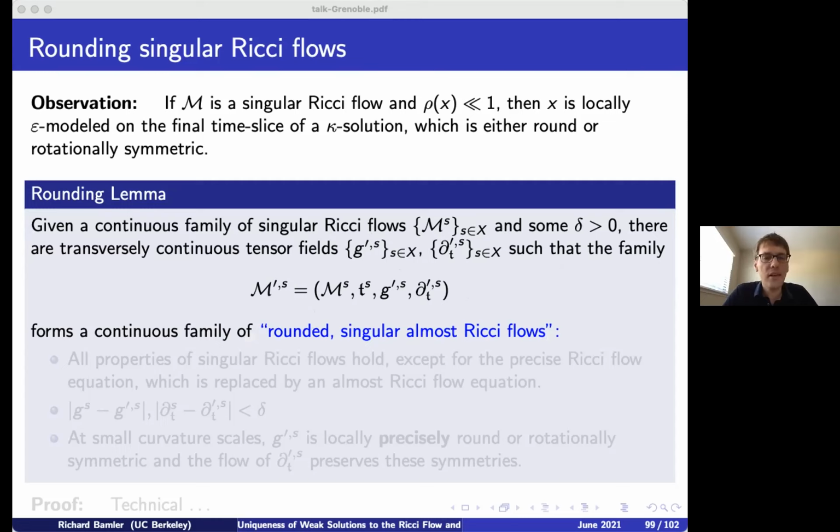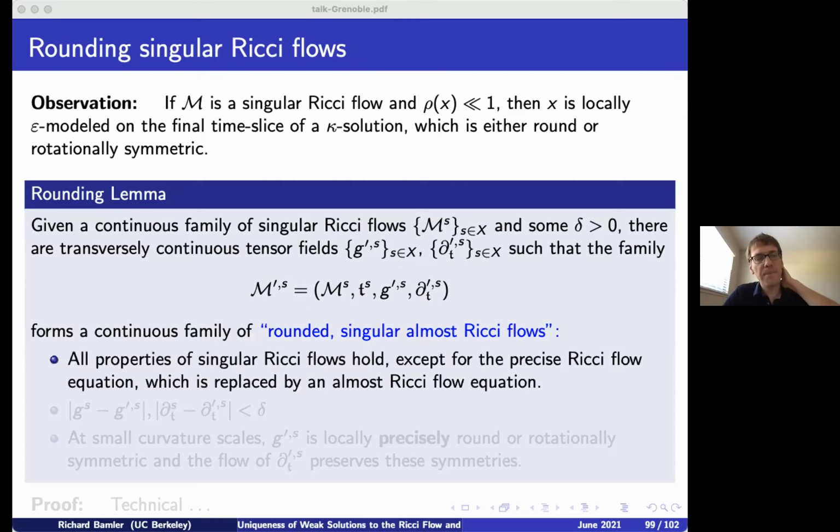Essentially, I want that all the properties of singular Ricci flows hold except for the precise Ricci flow equation, which I'll replace by an almost Ricci flow equation with precision delta. I really don't care anymore whether something evolves by the Ricci flow, because our discussion will be mainly topological from there on. So I can violate the Ricci flow equation.